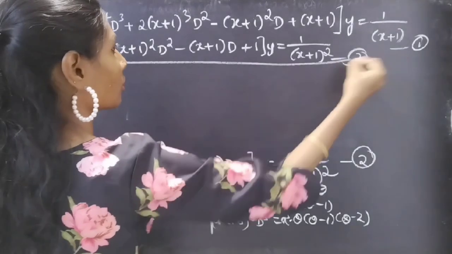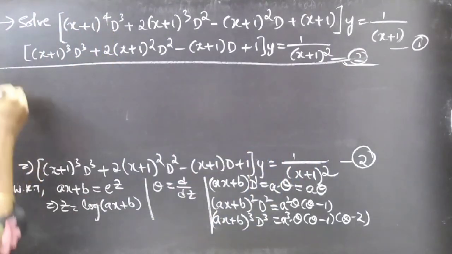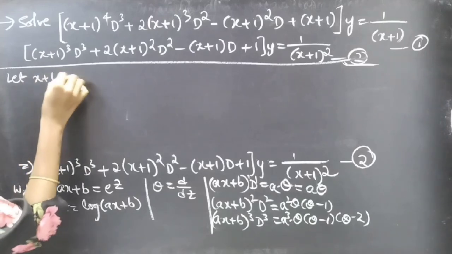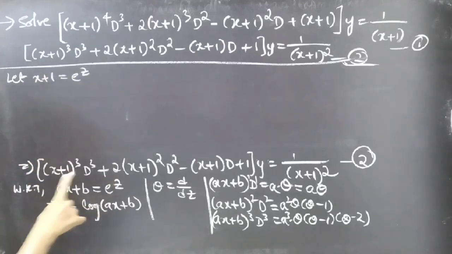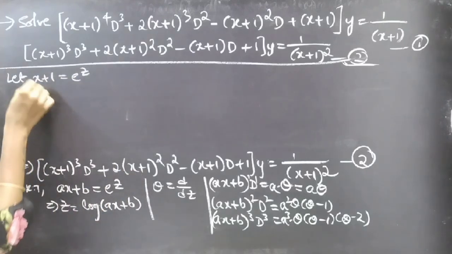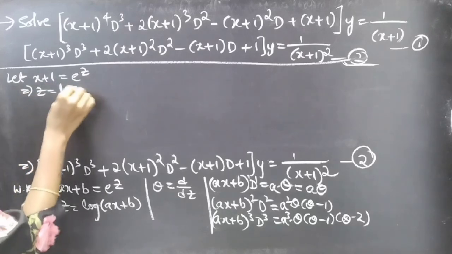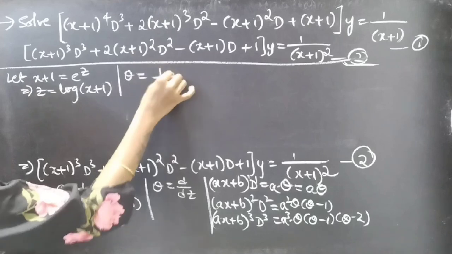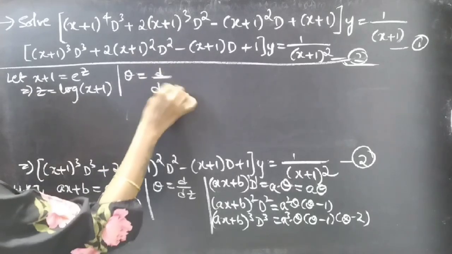Coming to this problem, let x+1 = e^z. Then z = log(x+1). Here theta is a differential operator whose independent variable is z.